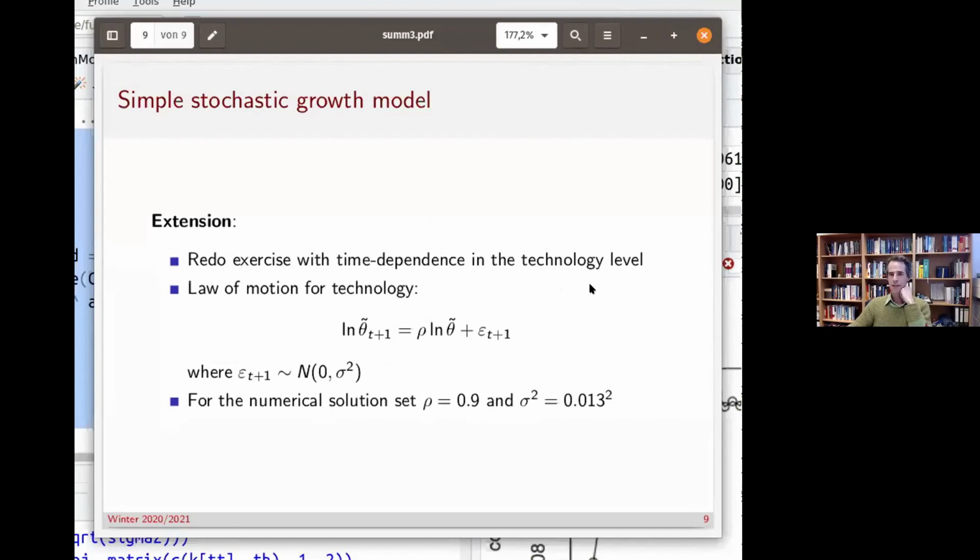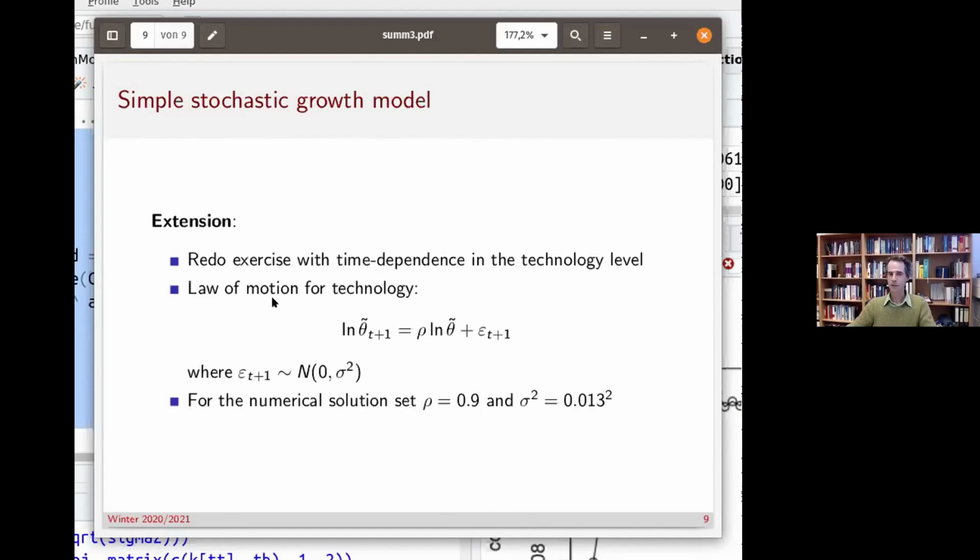In this example, the technology level is just an IID draw from the log normal distribution, which is certainly unrealistic. To make it more realistic, we might say that the technology level won't jump erratically from period to period, but will evolve relatively slowly. So if it's high today, then it's relatively likely to be high again tomorrow.